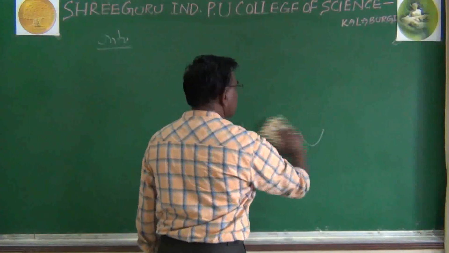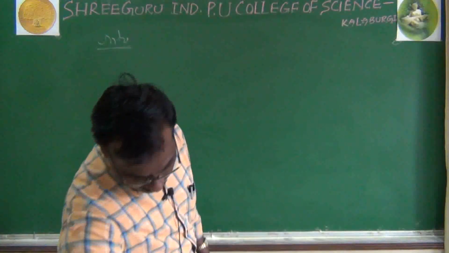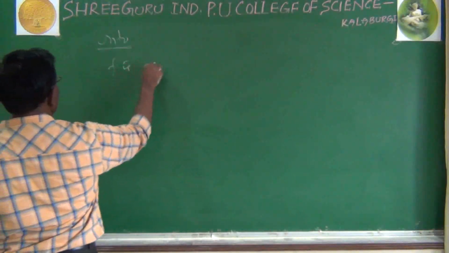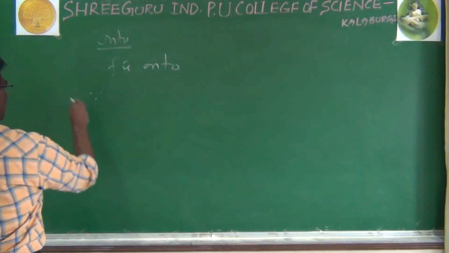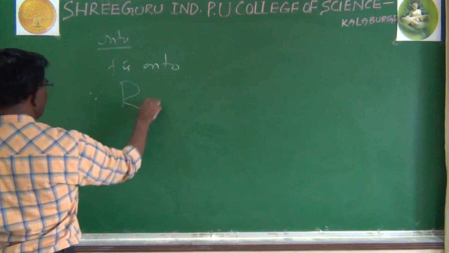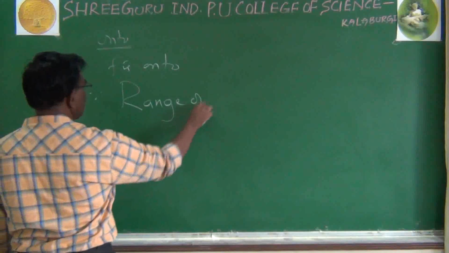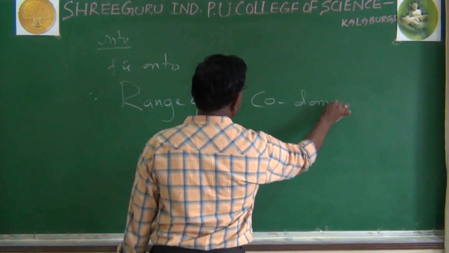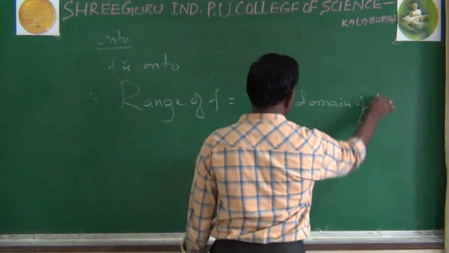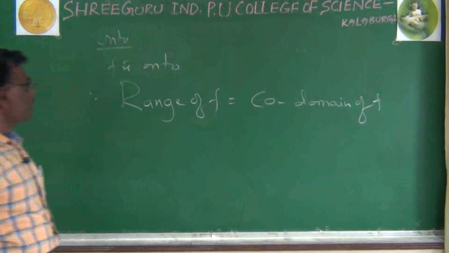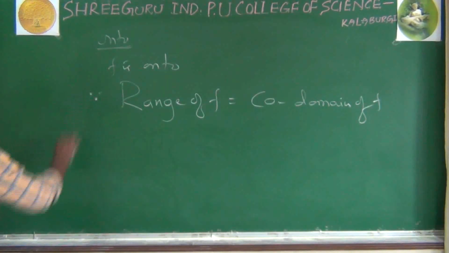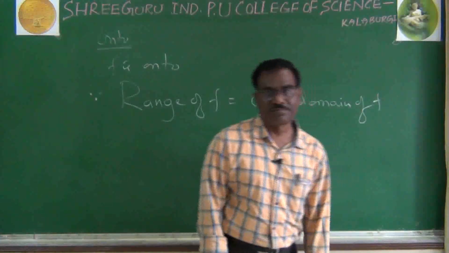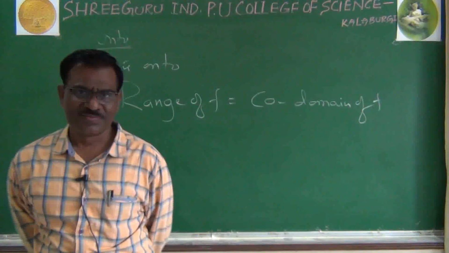I explained this in the last period. One sentence I gave: f is onto because the range of f equals the codomain. 100%.